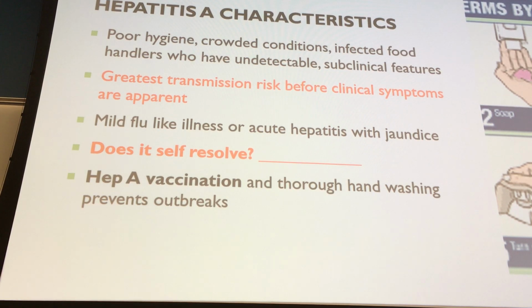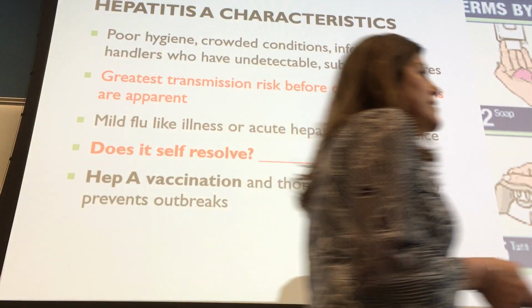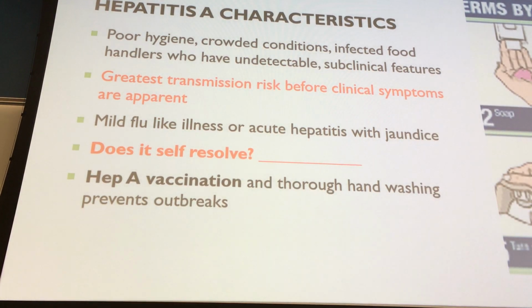Does Hep A resolve? Yes, right? You might feel really, really lousy for a long period of time, lots of diarrhea and all that sort of stuff, but it will resolve, okay? There is a vaccination for Hep A, and thorough hand washing prevents any outbreaks.